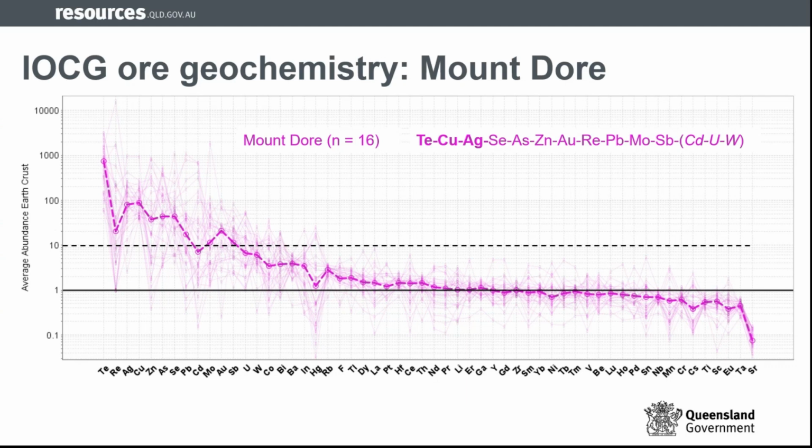It's the only significant deposit with significant lead zinc, and also a fair bit of an addition of molybdenum and uranium. And a bit of an excursion: a reminder that one part of Mount Dore is called Merlin, which is the highest grade uranium deposit on the planet.